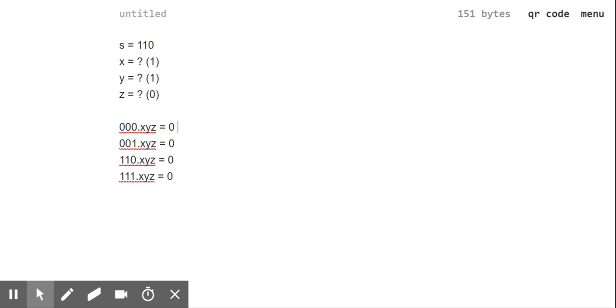Basically what this translates to is 0 times x plus 0 times y plus 0 times z in this case, and that's the useless one, I guess.